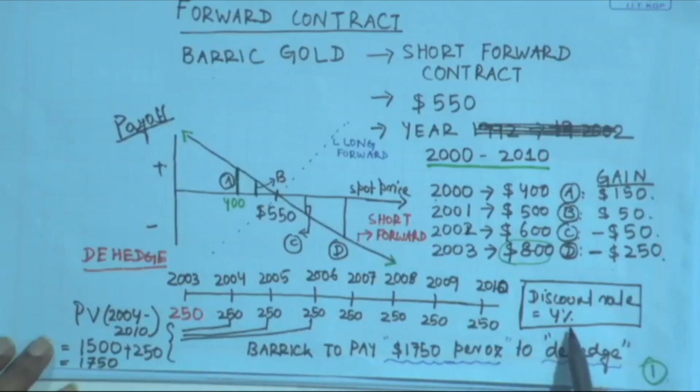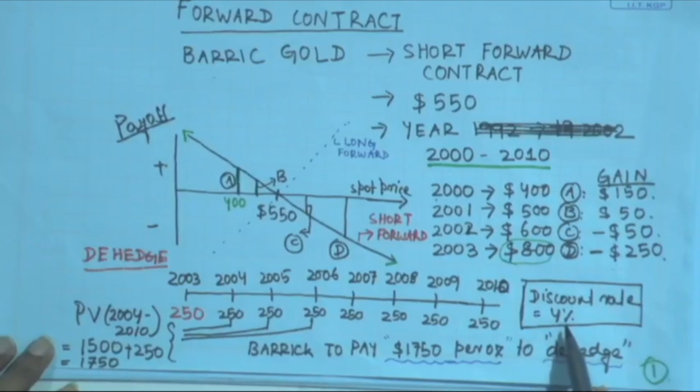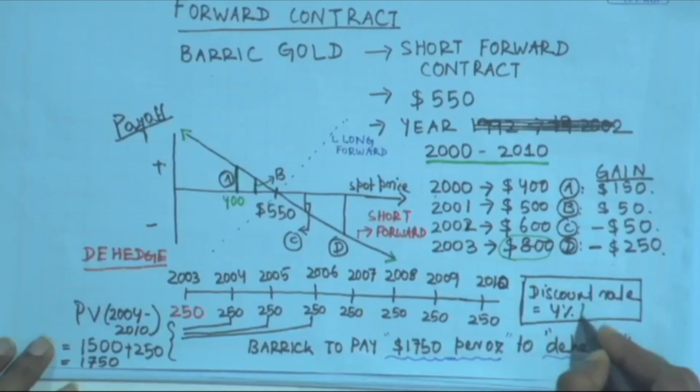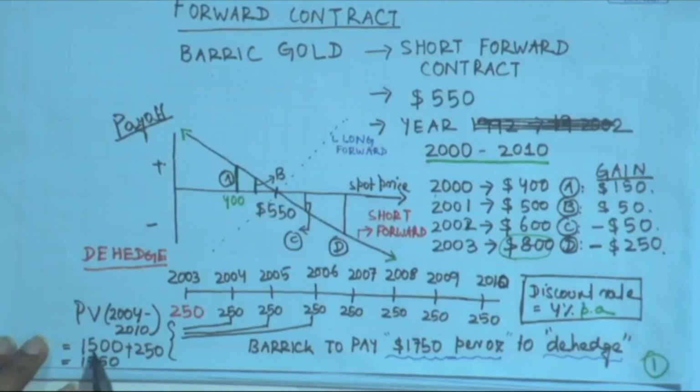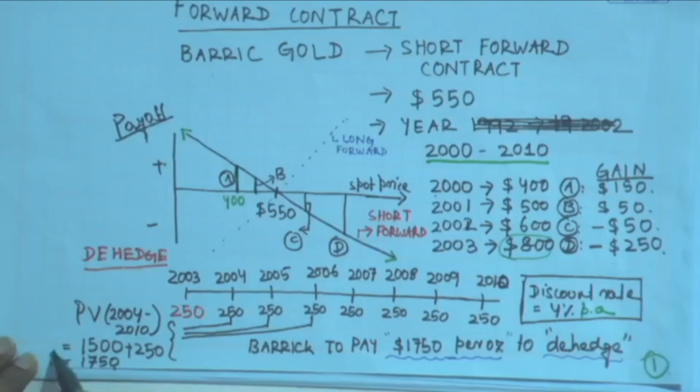I have used a discount rate of 4% per annum. With this discounted value, this comes to 1500 for 2004 to 2010 plus this year's 250, so that comes to $1750 per ounce.